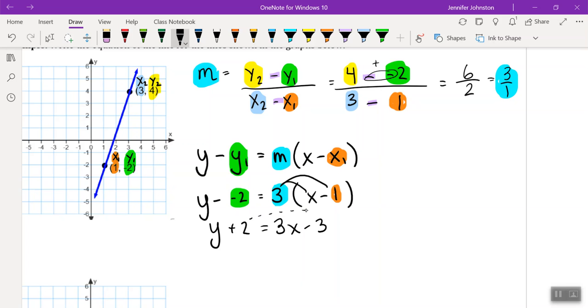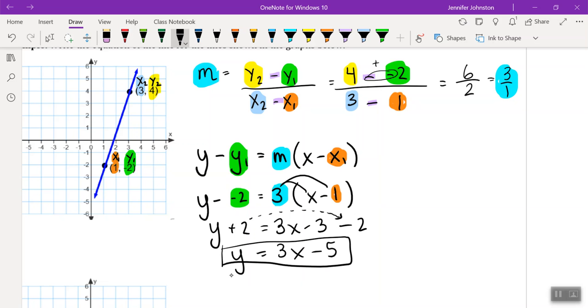Don't forget to hop that +2 over, and what does it become? Yeah, a -2. So then we have y is equal to 3x. Can we put those two together? Absolutely. -3 and -2, that's -5. There we go. That's the equation of the line.